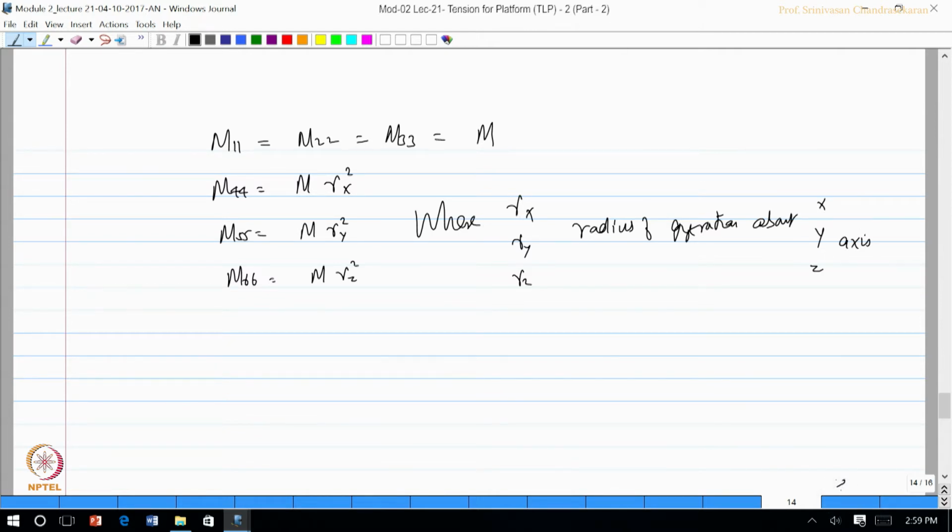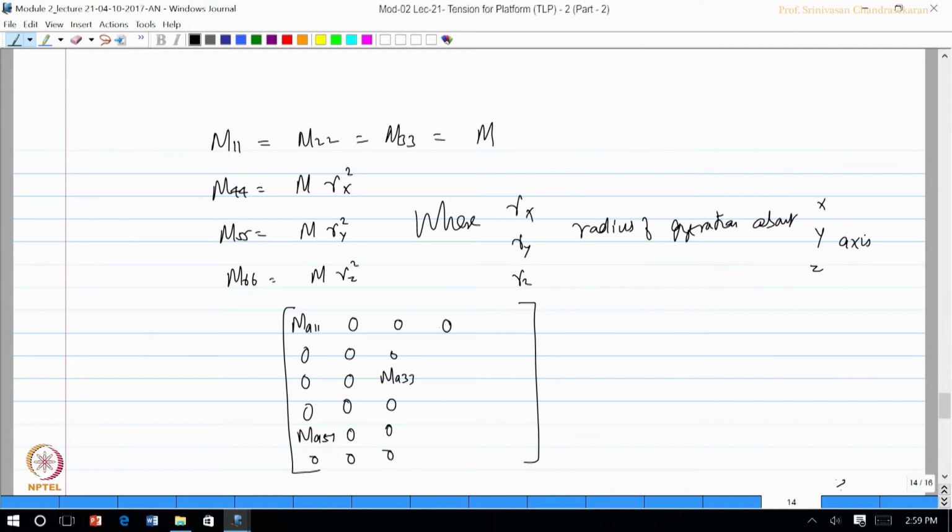Now, what would be the added mass term? The added mass matrix will be, interestingly, MA11, 0 0 0, MA51 and 0. Similarly, nothing added in the second column, but in the third column there will be MA33.